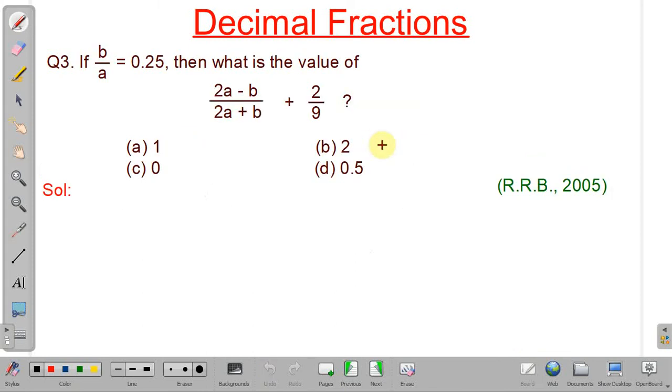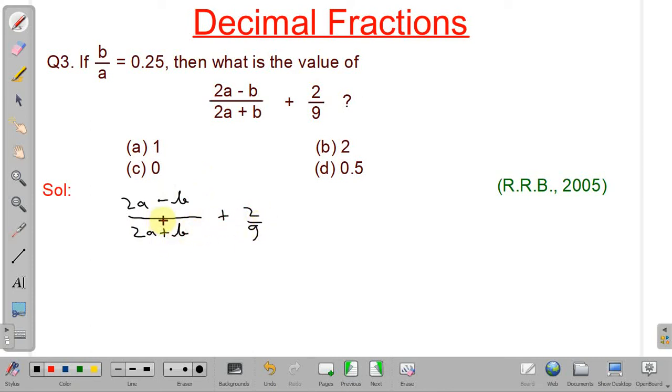In the next problem, what is given? The value of a fraction is given, b by a equal to 0.25, and we have to find the value of 2a minus b divided by 2a plus b plus 2 by 9. So how we can solve that? So we have to find the value of 2a minus b divided by 2a plus b plus 2 by 9.